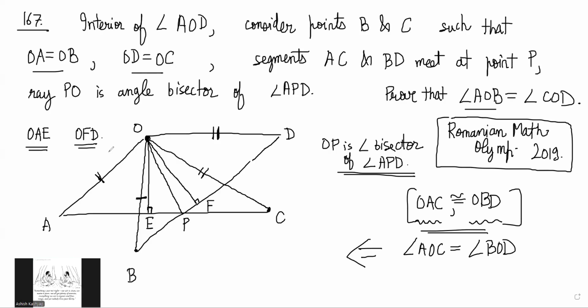OFD and OAE are right angle triangles now, but OFD is not the right choice here because the side length is a double side, right? The better choice would be OAE and OFB.